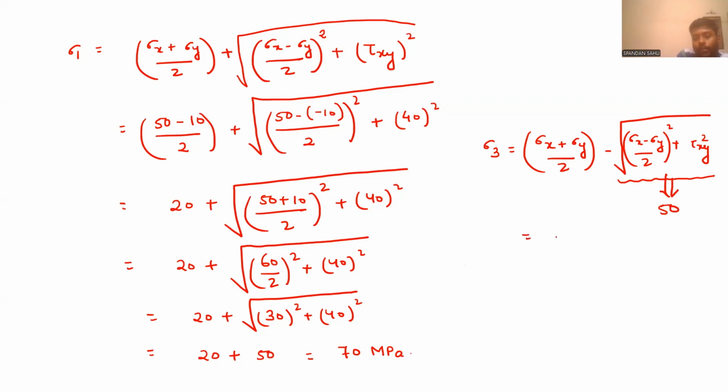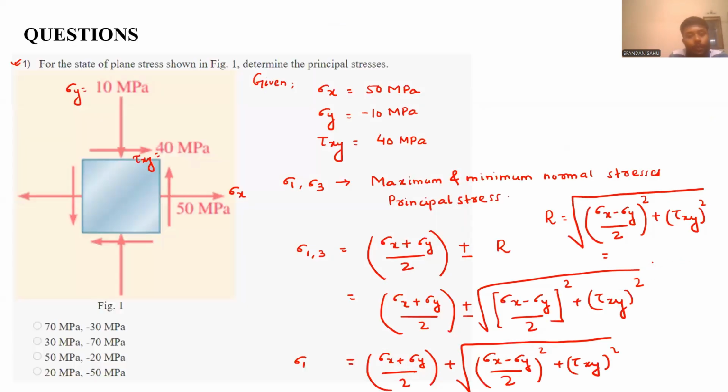So you can directly substitute sigma x plus sigma y by 2 will be this value 20. So if I write 20 minus 50, this will give you minus 30 MPa. So you are getting your major principal stress to be 70 MPa. This is the major principal stress, and this is the minor principal stress, that is minus 30 MPa.